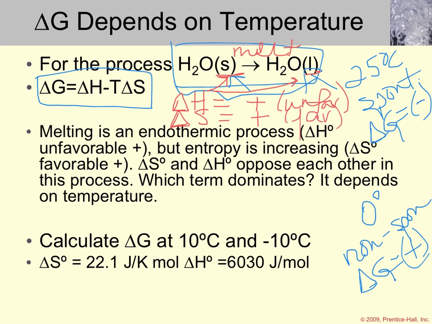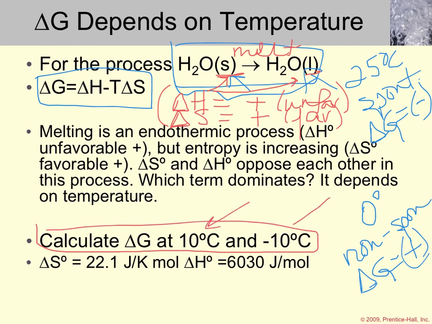So now you have a classic situation where you have enthalpy and entropy battling one another. One is favorable and one isn't. Who wins and under what conditions? It all depends on temperature. So let's plug numbers in and see. This problem says calculate the free energy at two different temperatures: at 10 degrees Celsius and at minus 10 degrees Celsius.